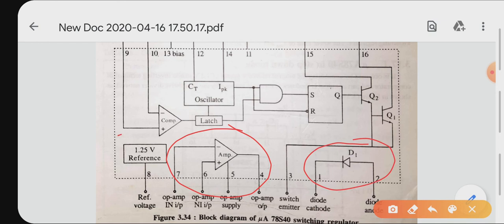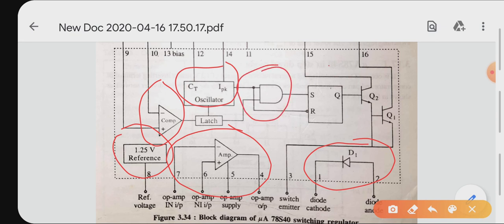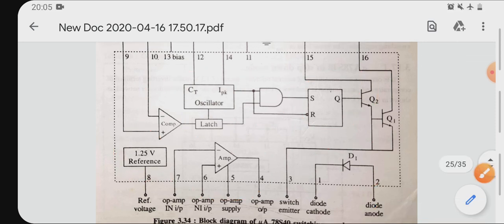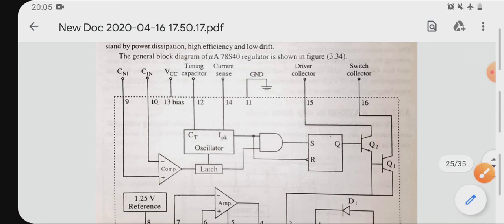A reference voltage of 1.5 volt is given at pin number 8. A comparator whose output is given to the latch, and there is an oscillator. The output is given to the AND gate, and there is an SR flip-flop. Driver transistors are there. So the switch collector is also there. All the terminals are brought outside.